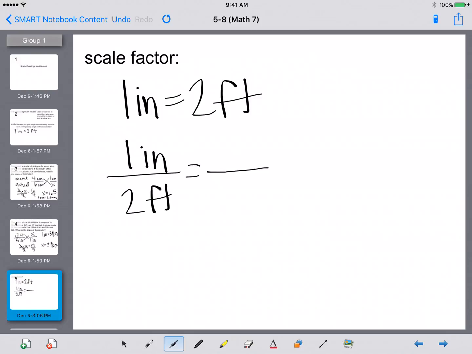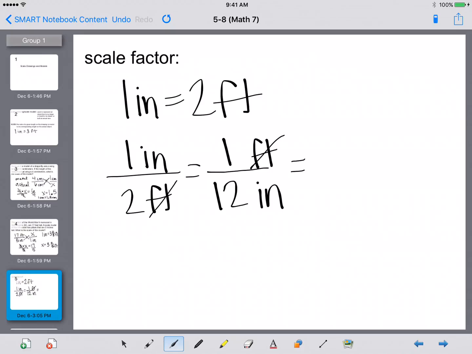Let's get this in inches. So we want to change our feet. In order to get rid of that feet, our feet need to go on top, and we want to change that feet into inches, so we'll put our inches on the bottom. I know that for every 1 foot, we have 12 inches. Our feet are going to cancel out, so our answer is going to be in inches over inches, which is exactly what we want.